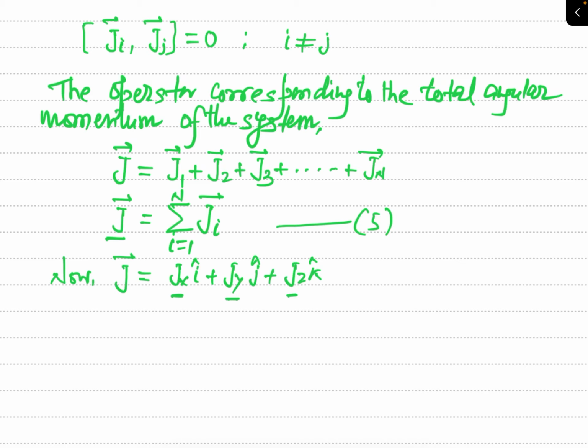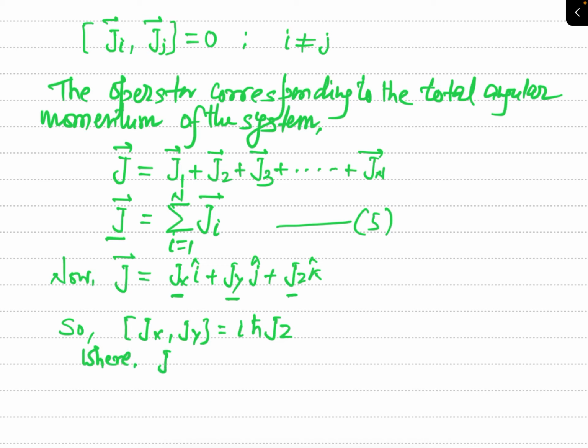these components will obey the same commutation rule as obeyed in general by the angular momentum operator components. So you can say that the commutator of Jx and Jy will be i h bar Jz. But one thing you must remember here.